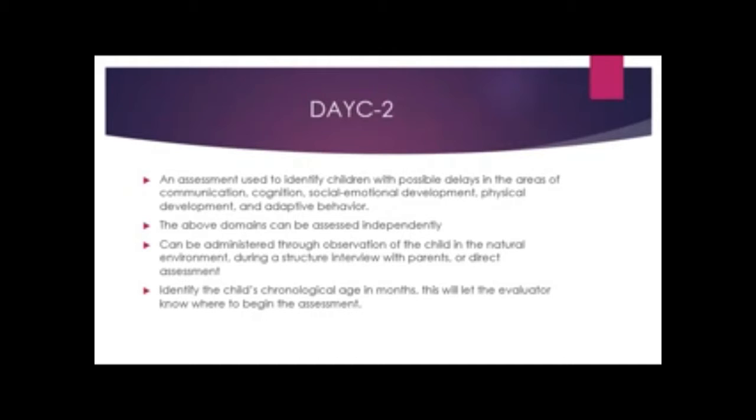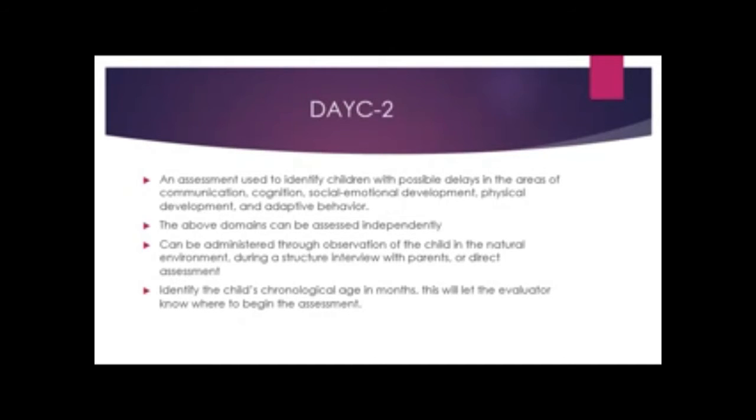If the child receives 3 consecutive zeros, then you go back to a younger age, because you started at their chronological age and they just got 3 zeros, so you're going to back up a little bit. Or if you start at their chronological age and they get 1110, 110000, that's where you're going to stop, and then you go back up. You want to make sure that you're getting the best assessment by following those instructions.